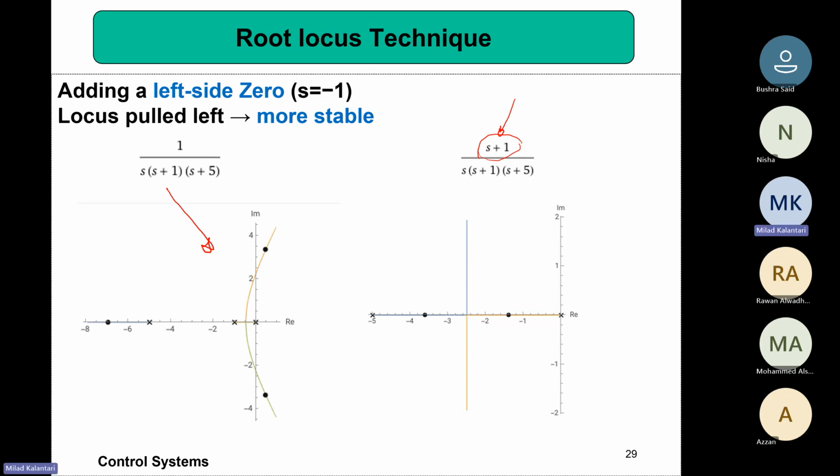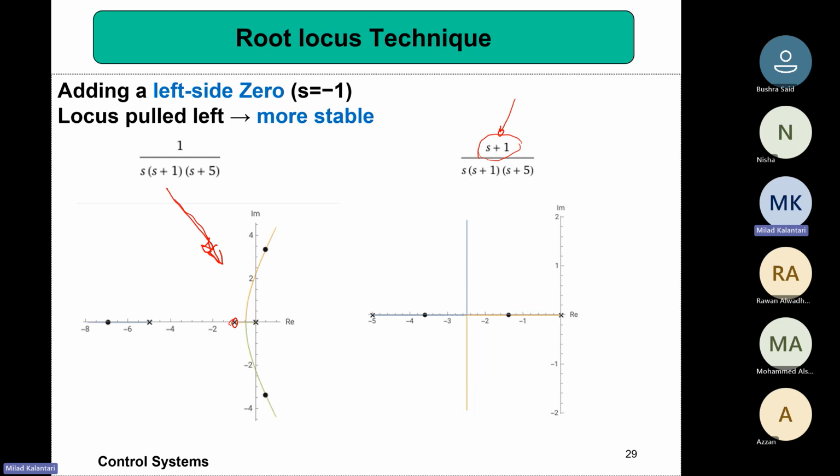So can you describe, some of you, what will happen when we add an extra zero to this? We put one zero just on top of this pole, right?